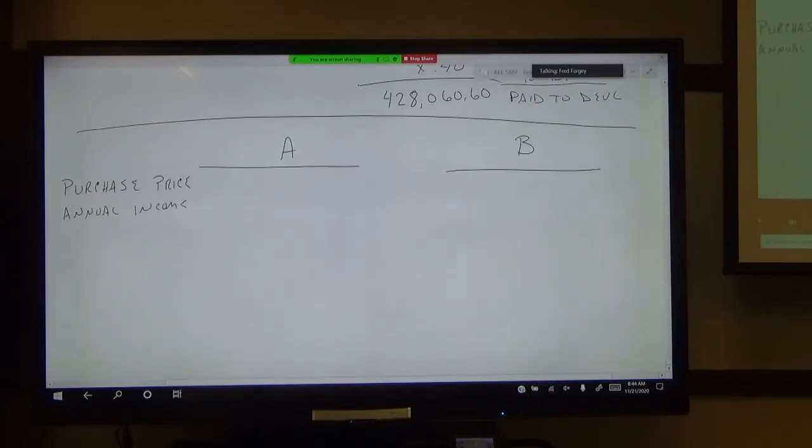Could be NOI, could be before tax cash flow. That doesn't really matter at this point. And then we're going to say our sale price. And then we're going to look at our holding period. Once again, we'll keep that consistent at 5 years.